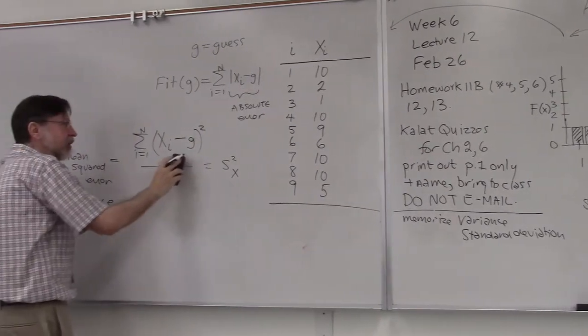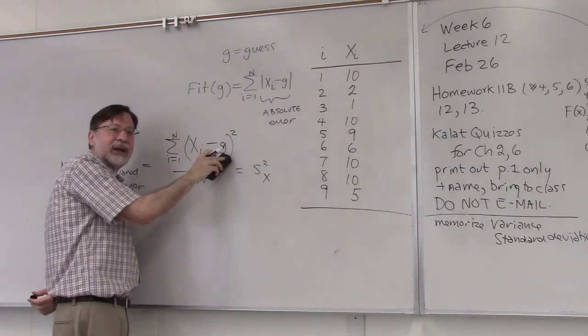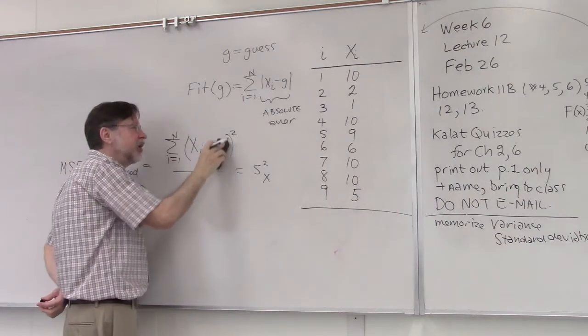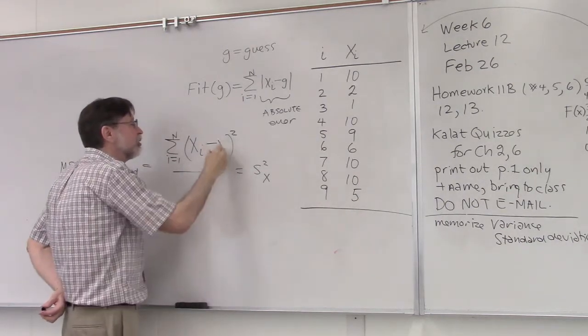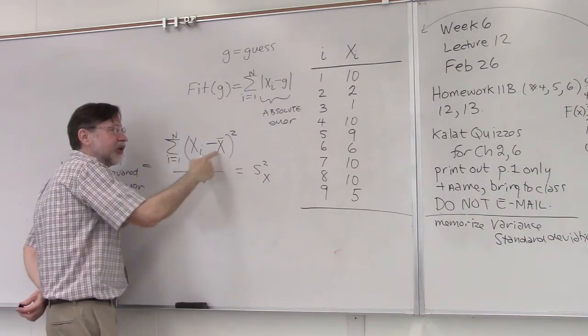Except for one thing, that you are smart enough to put the mean in as your guess. So if you are smart enough to guess the mean, then it's called the variance. So that's the best you could do, is using the mean.